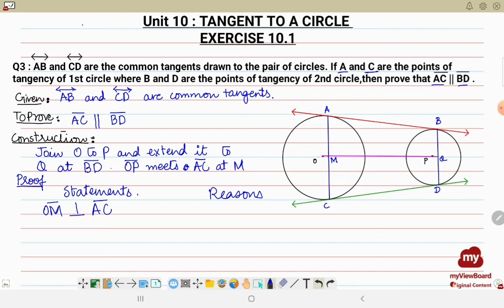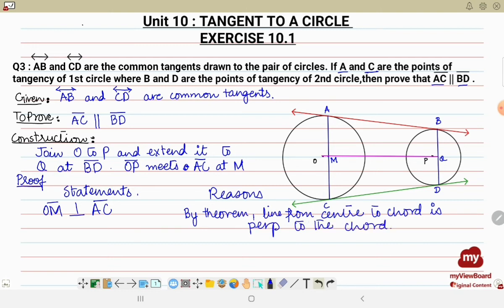By theorem, the line from the center to a chord is perpendicular to the chord. AC is a chord. If OM is perpendicular to AC, then OQ will also be perpendicular to AC, because it was a straight line, OP extended to OQ. So this is equation number 1.